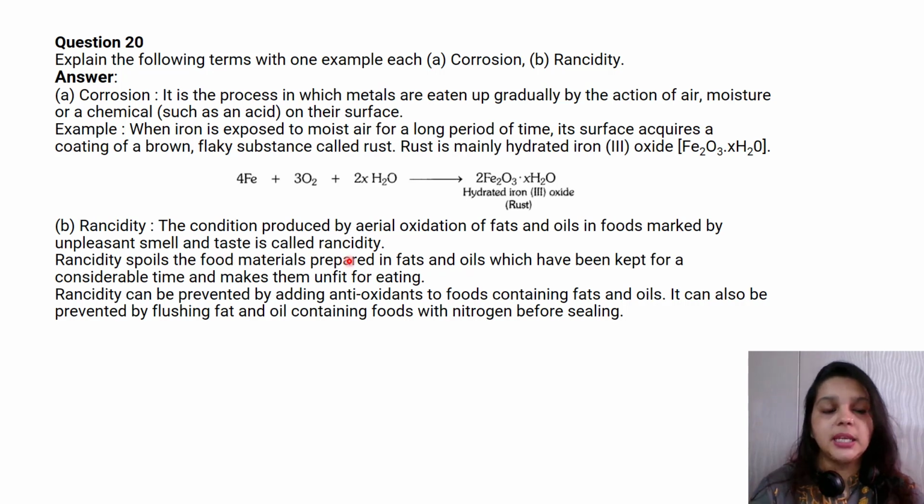It spoils food materials prepared in fats and oils which have been kept for a considerable time and makes them unfit for eating. It can be prevented by adding antioxidants to food containing fats and oils. You can also add nitrogen, as we just learned. It can also be prevented by flushing fat and oil containing foods with nitrogen before sealing.